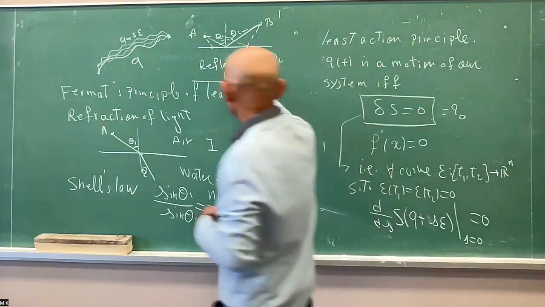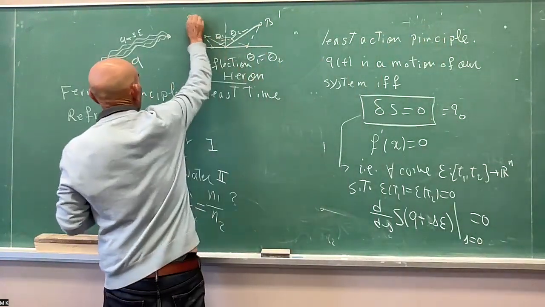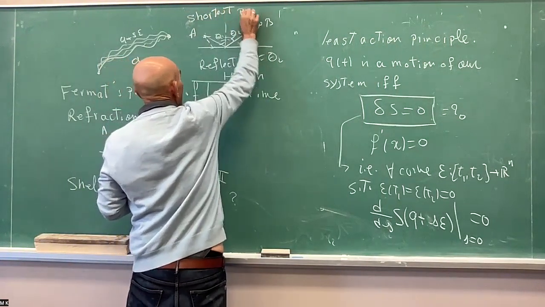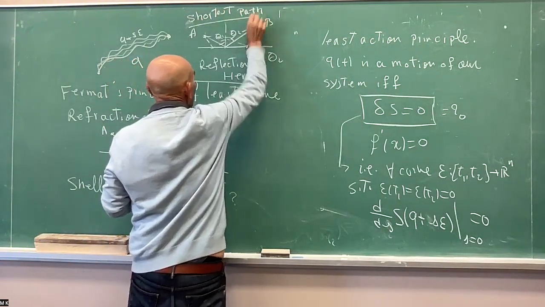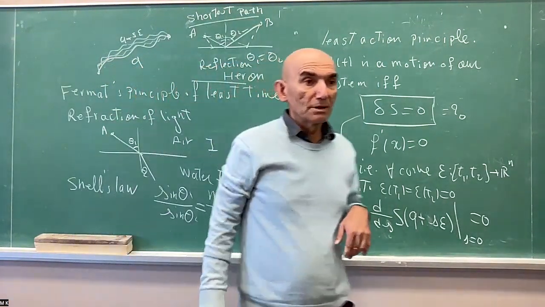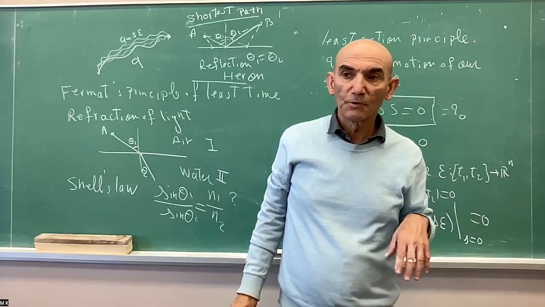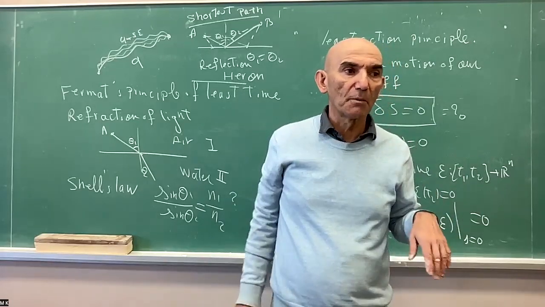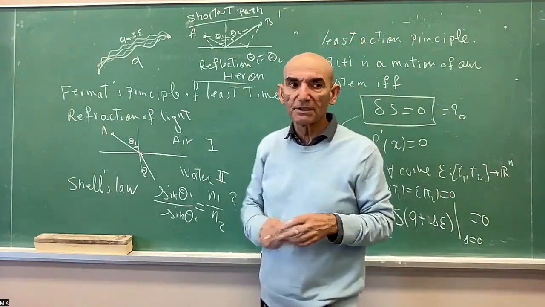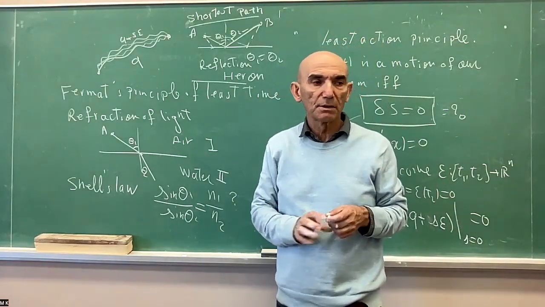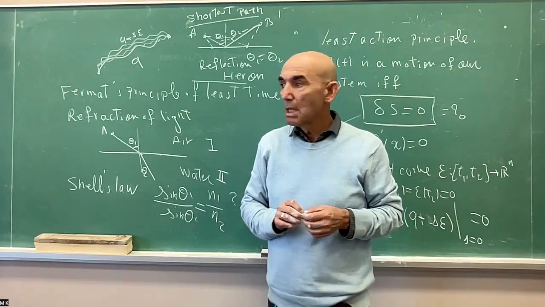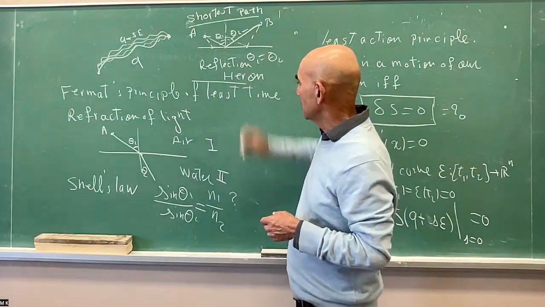So this is the principle of shortest path. This was already done before Christ, I think. Heron was a mathematician, physicist, scientist in Alexandria around 2000 years ago. Okay, so they knew that.